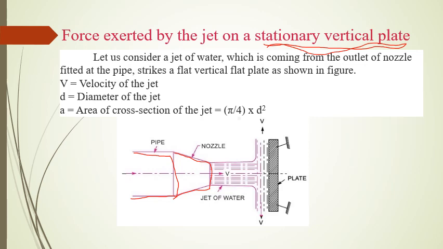Now the water is coming from the nozzle, a jet of water, and striking the vertical plate. This plate is fixed. The velocity of the jet is v and the diameter of the jet is d, and the area of cross section of the jet is pi by 4 d square.